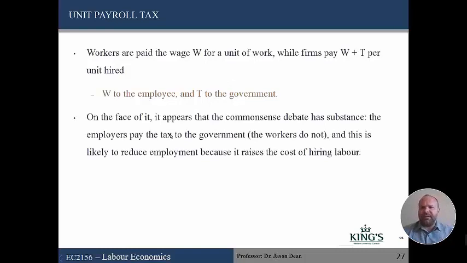Now, on the face of it, it looks like the firms would just have to pay the tax to the government, and this would likely reduce employment because it raises the cost of labor.